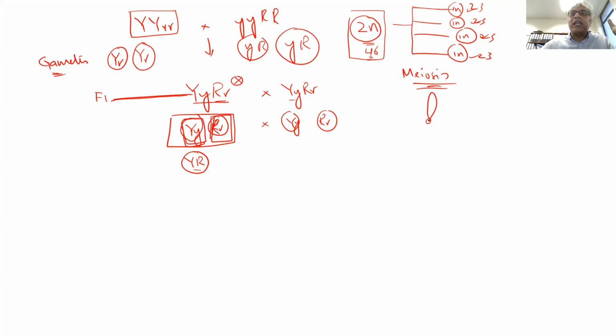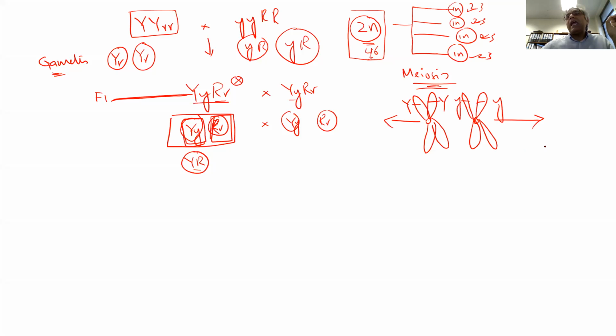So I try to draw it here. If this is carrying Y, a mitotic chromosome, and its homolog is small y, the first thing that happens in meiosis 1 is the homologs move to opposite poles. I'm again and again repeating meiosis 1, because then there's meiosis 2.